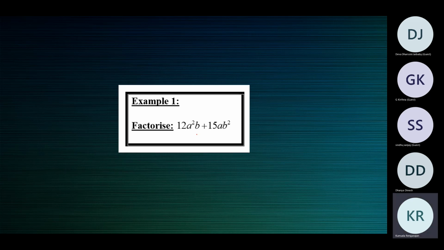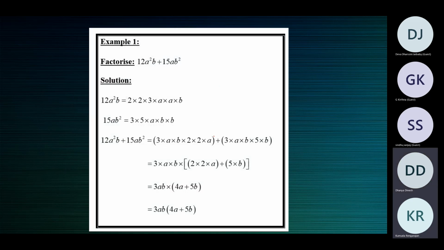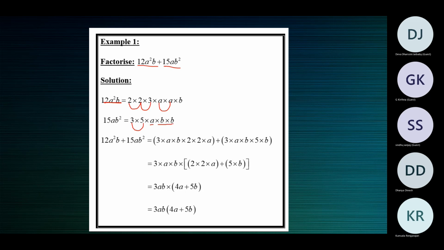So 12a squared b can be broken down as, don't see the answer completely, just follow what I'm saying. 12a square b can be expressed as 2 into 2 into 3, 4 threes are 12. a square is a into a and b is b here. 15ab square, see these two terms we have taken up, can be expressed as 3 into 5, 15, a and b into b, b square.